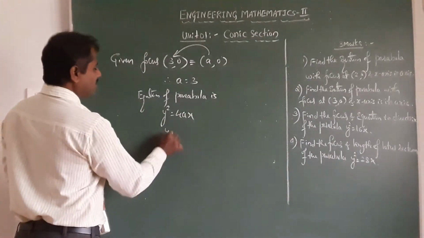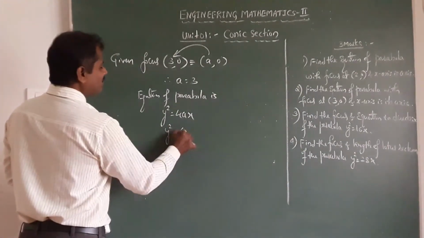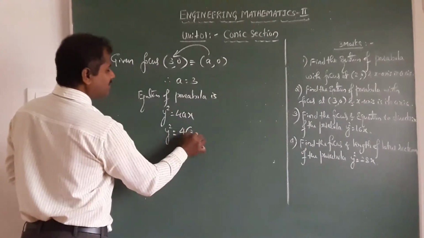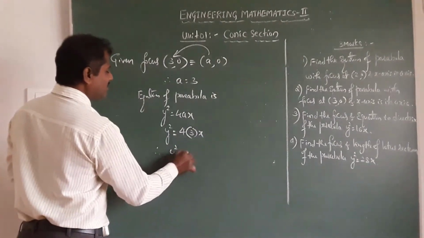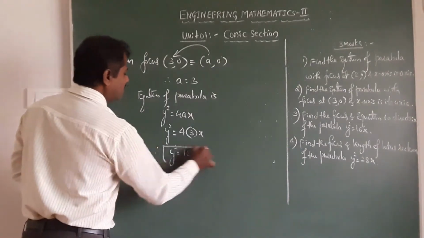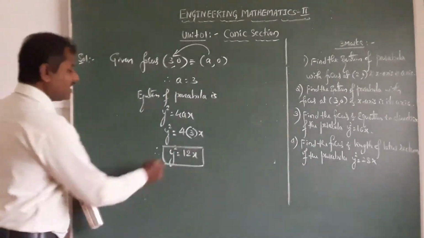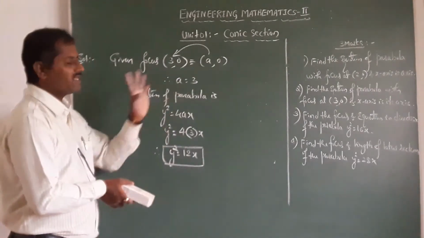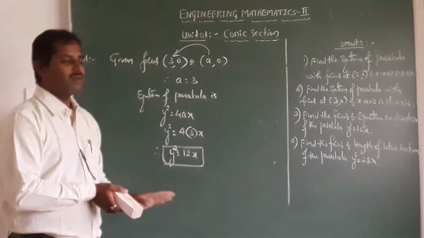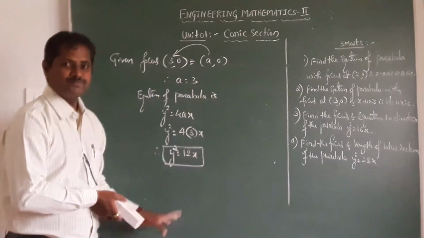So here y square is equal to 4 into 3 into x. Therefore, y square is equal to 12x. Dear students, this is a very important and very simple question for your examination and it will be available in your question paper. Thank you.